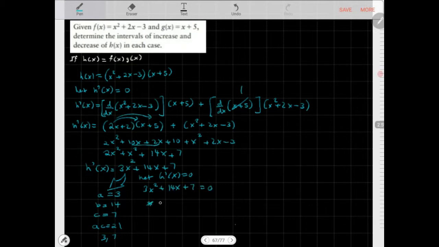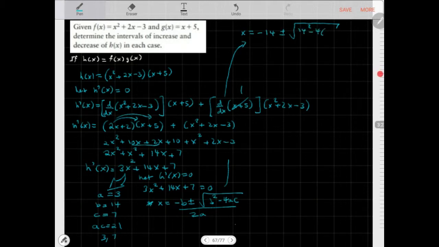And recall that the quadratic formula here, x is equal to negative b plus or minus the square root of b squared minus 4ac, over 2a. Okay, so I'm just going to do this a little bit quickly. If I plug it in for the quadratic formula, negative b is negative 14 plus or minus the square root of b squared, which is 14 squared, minus 4 times 3 times 7, over 2a, so 2 times 3, and I'm just going to crunch that out.